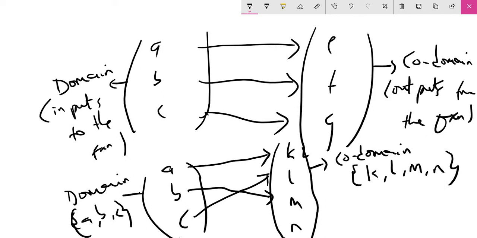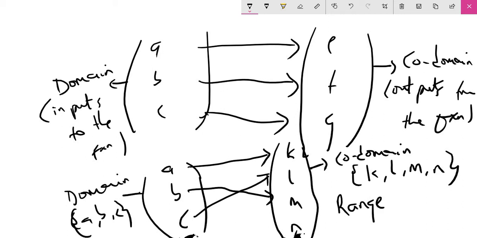Clearly, one of the elements in the codomain does not result from the domain. So excluding that, we now have another term called range.